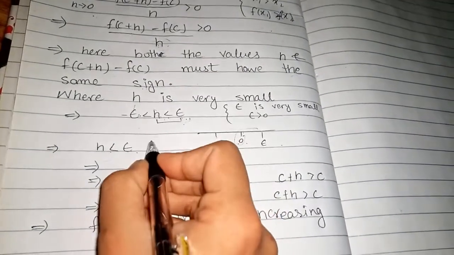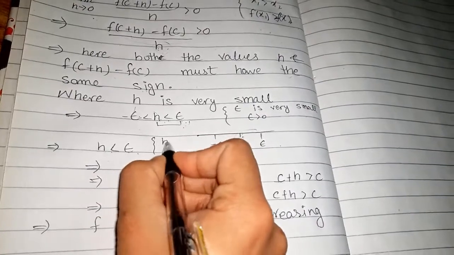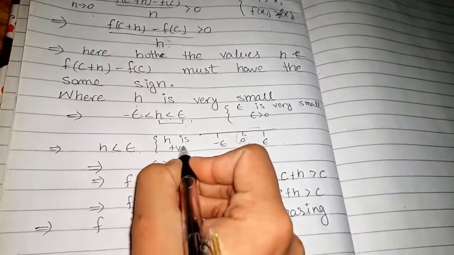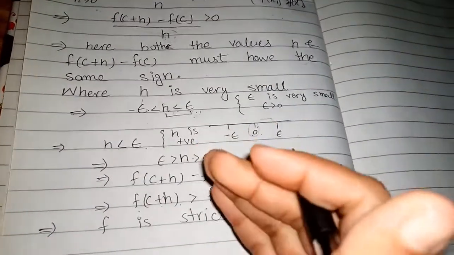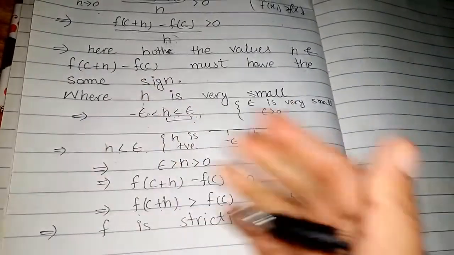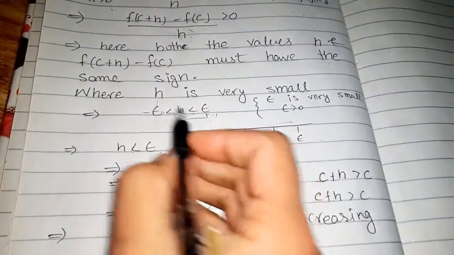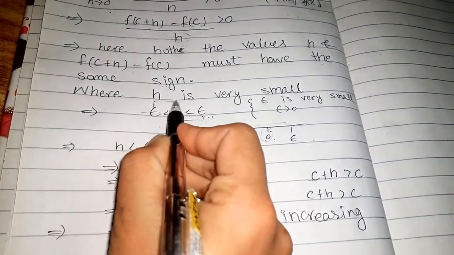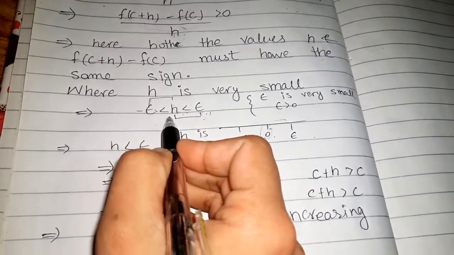We also write here h is positive. Now we have the other case that we discussed before, that minus epsilon is less than h.